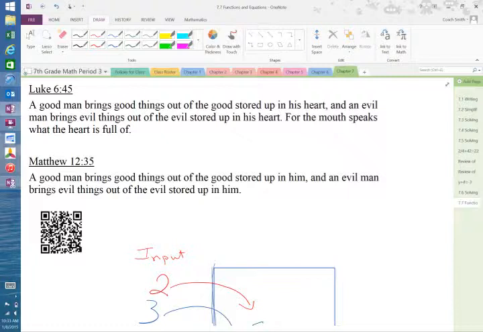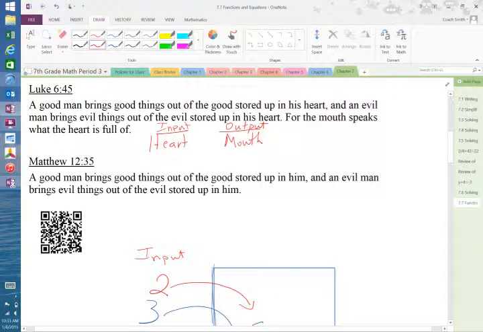For the mouth speaks what the heart is full of. So here, the heart is the input. And the mouth, which some of us have issues with, is the output.